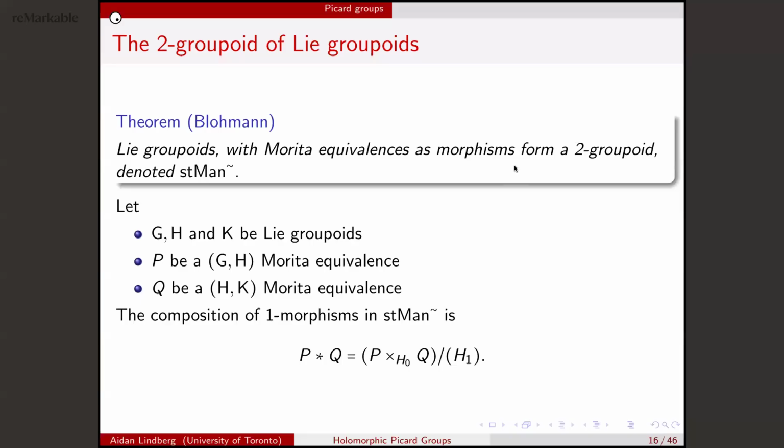I'm going to denote this two-groupoid by StMan. This word groupoid here, you should not really think of it as being super related to the notion of a Lie groupoid. I'm not saying that the collection of all Lie groupoids forms a Lie groupoid again. I don't think anything close to that is true.